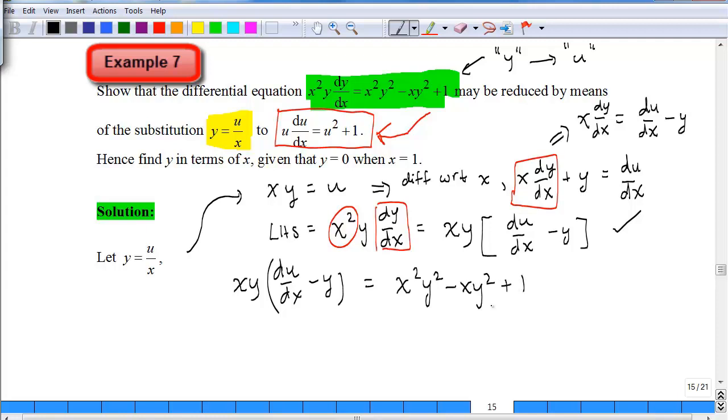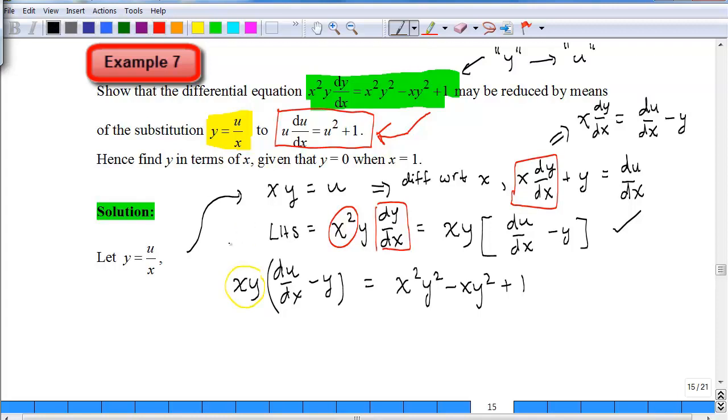If I look at this closely, I will be able to observe that xy is actually u.